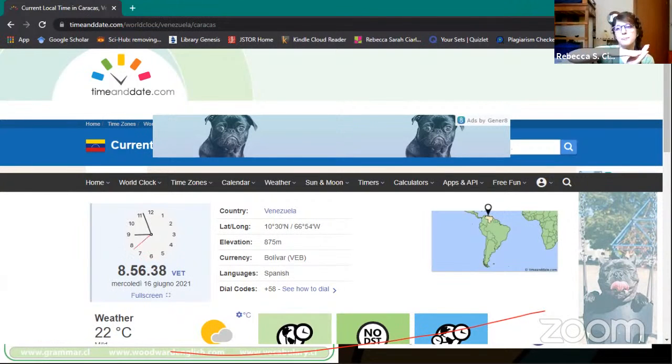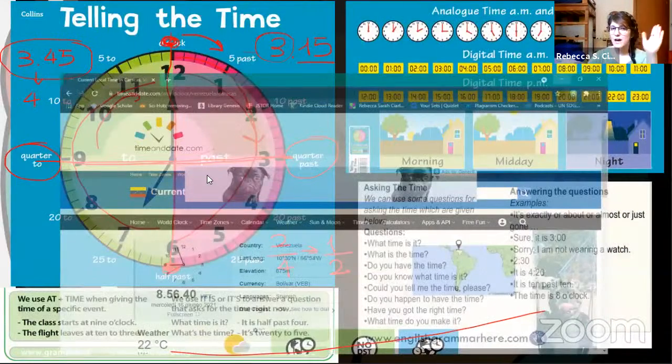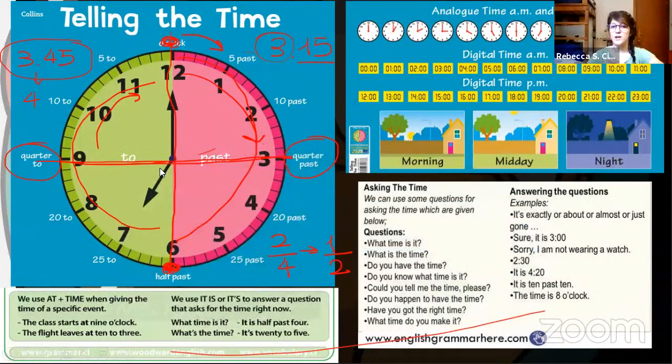But in the second half we use to. We count how many minutes are past a certain time in the first one, and in the second we count how many are left to reach the next time.